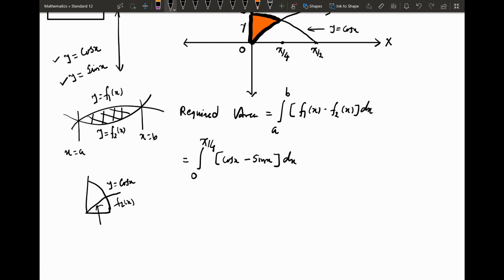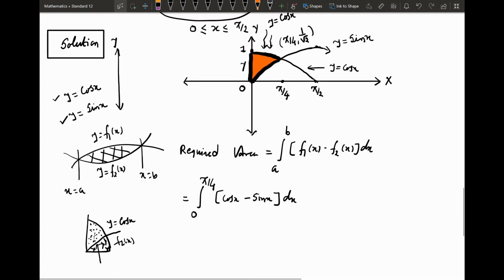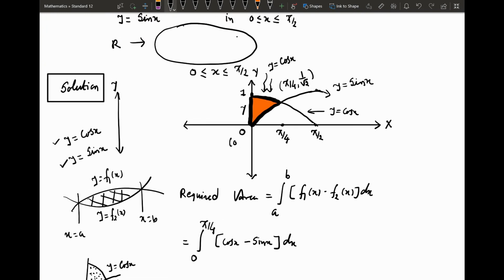So from entire area we will remove this portion, so this will give this area of dotted portion, that is orange color portion. So limit 0 to pi by 4, here coordinates 0, 0, so limit is 0 to pi by 4. f1x upper curve is cos x minus sin x, so we can remove this portion when we subtract sin x from the entire portion.